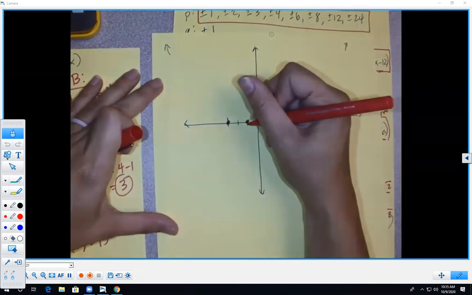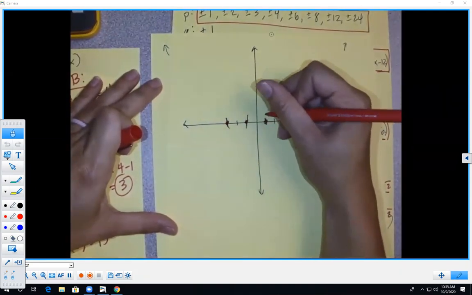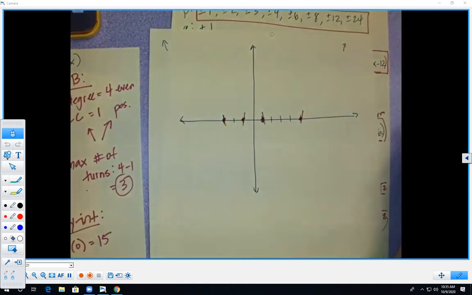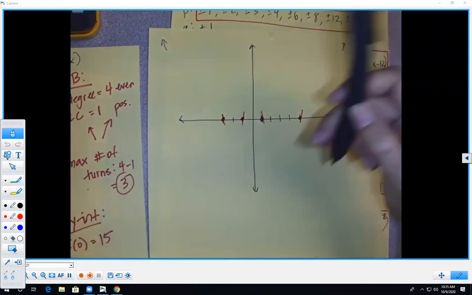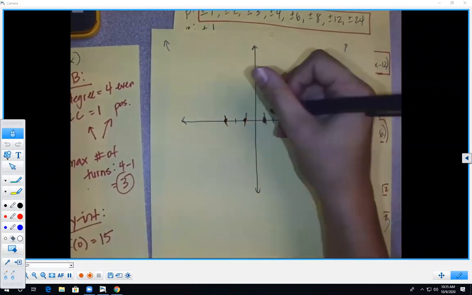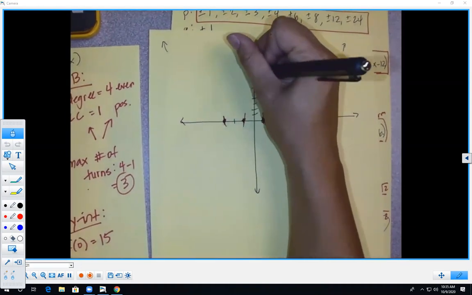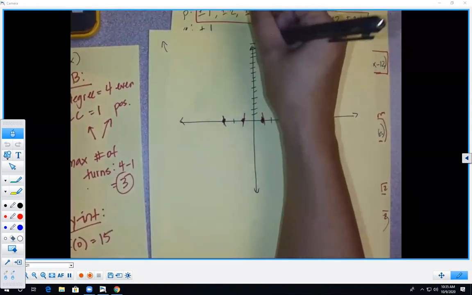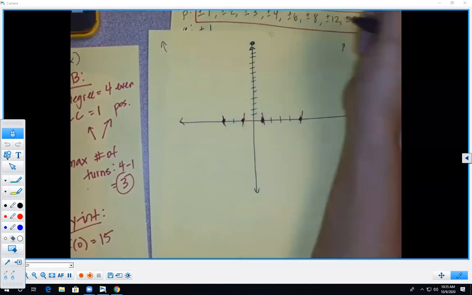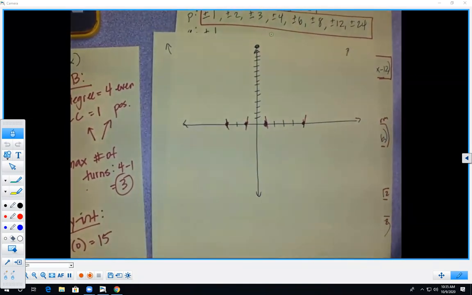And these all just cross through. The other thing I know is my y-intercept. What's my y-intercept? 15, so it's kind of high up here. 1, 2, 3, 4, 5, 6, 7, 8, 9, 10, 11, 12, 13, 14, 15. My graph is not perfect, but you get the idea.